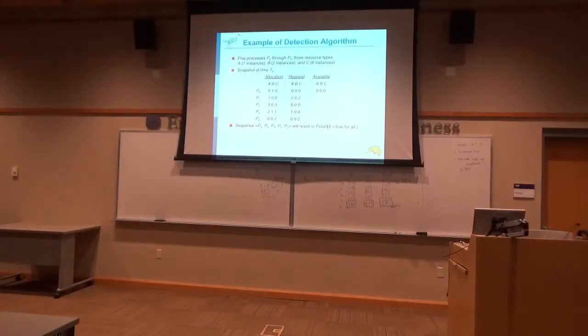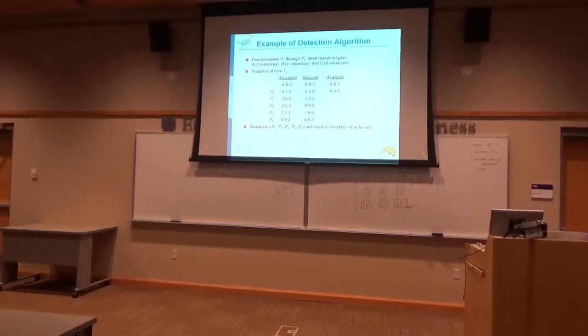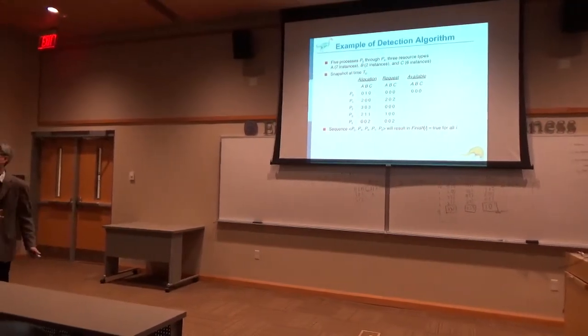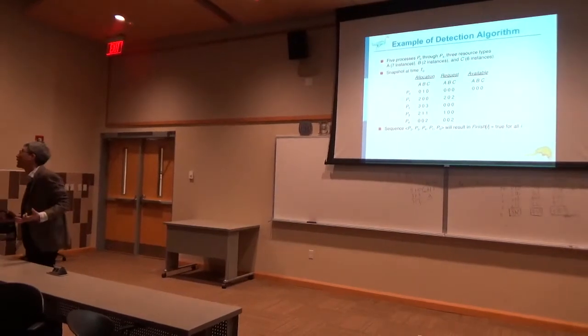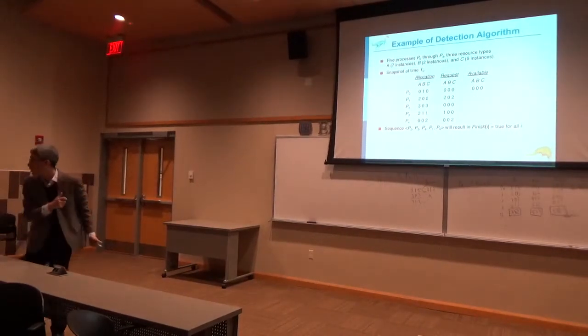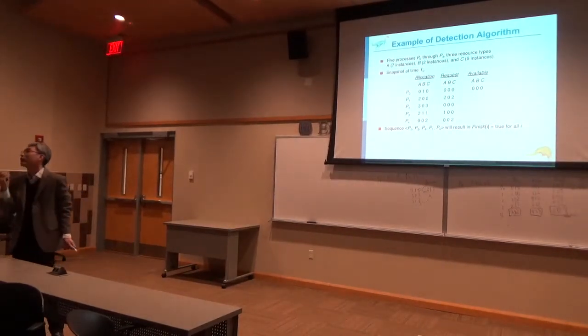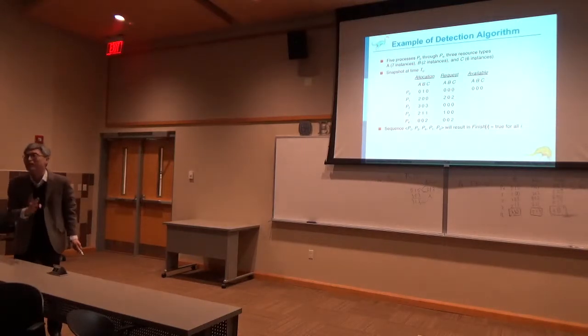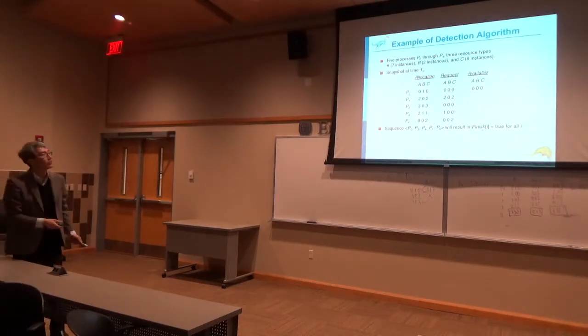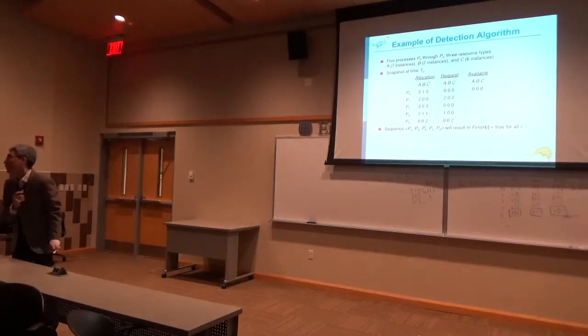Then periodically, like 10 milliseconds later or 1 second later, the operating system can check the entire state again, whether there is a circular wait, whether it is a safe state or non-safe state, using the same algorithm.